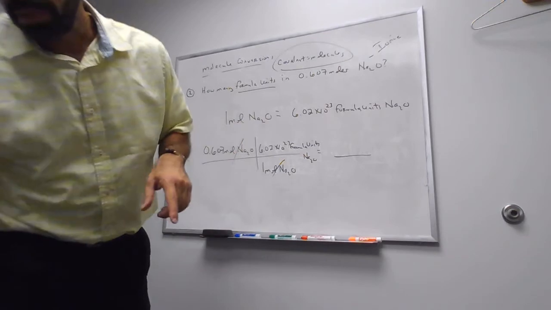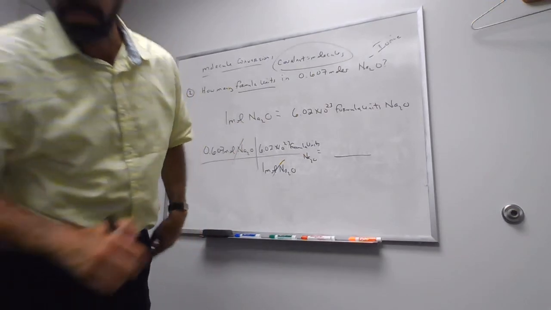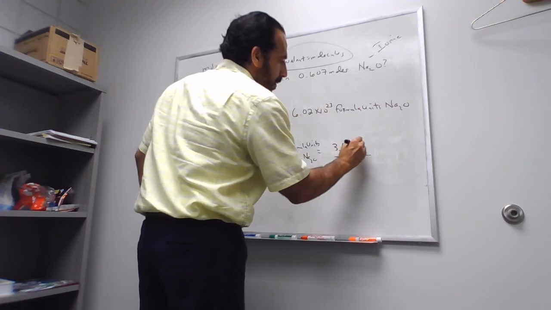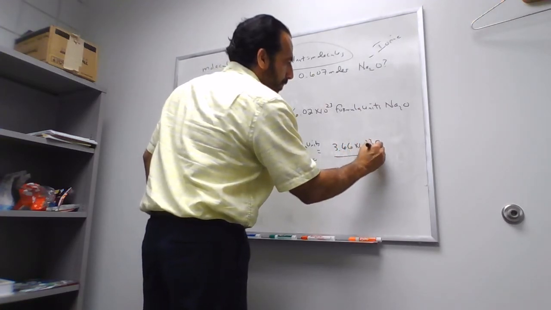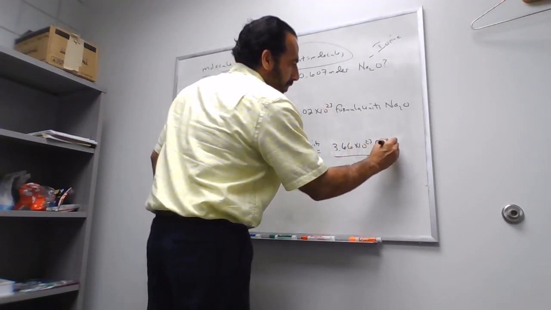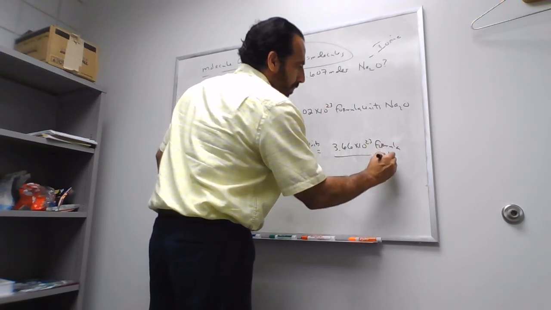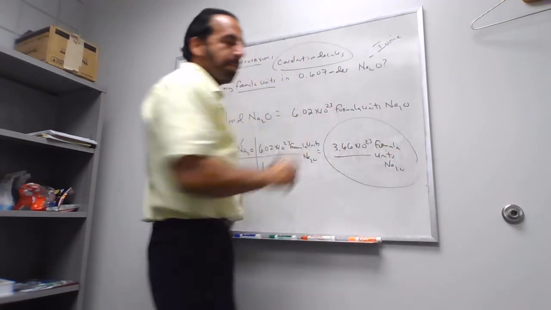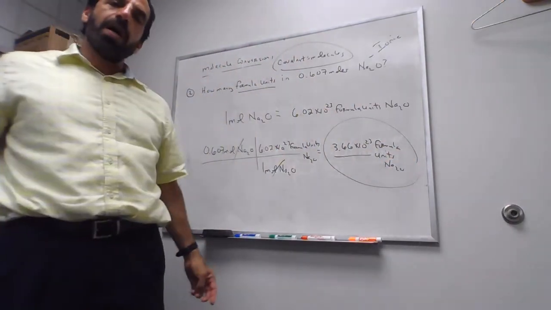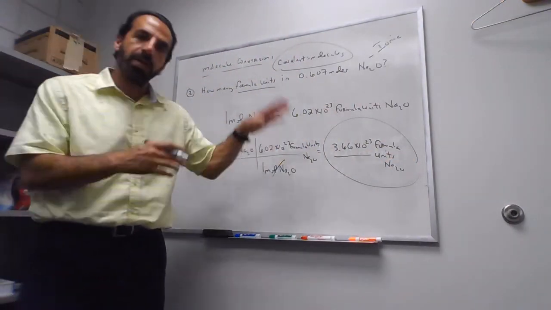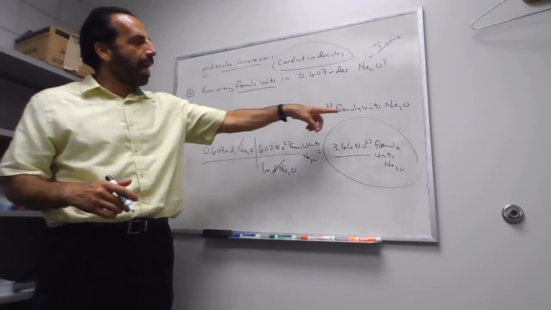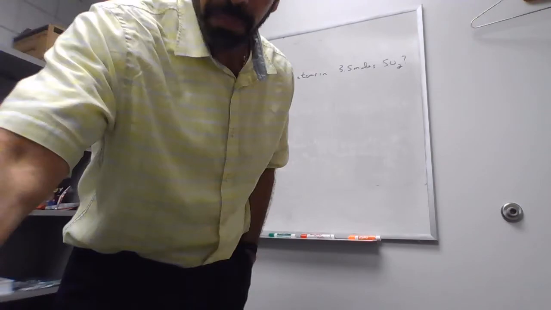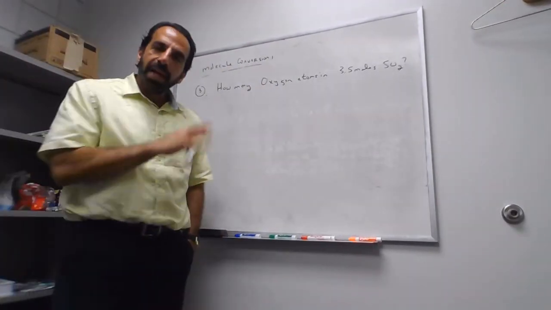If you work that out, I think I'm going to get 3.66 times 10 to the 23rd formula units of sodium hydroxide. Again, the only difference between this one and the last problem is that I just call it formula units rather than atoms. That kind of finished this one out.